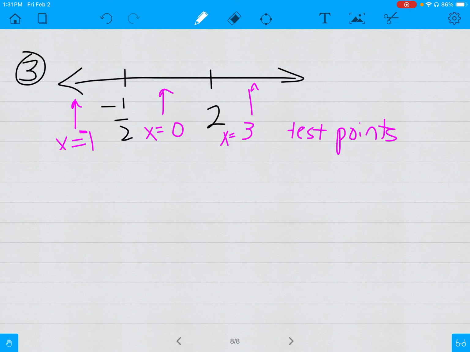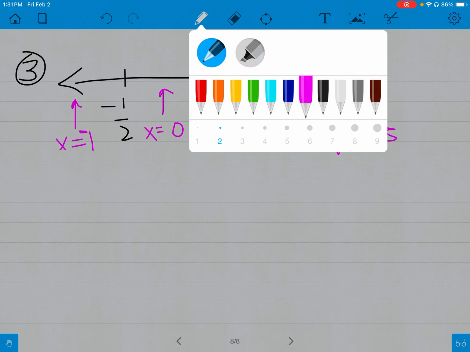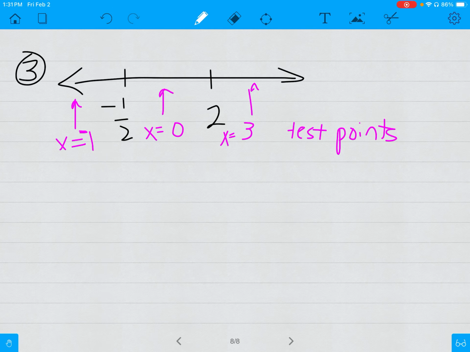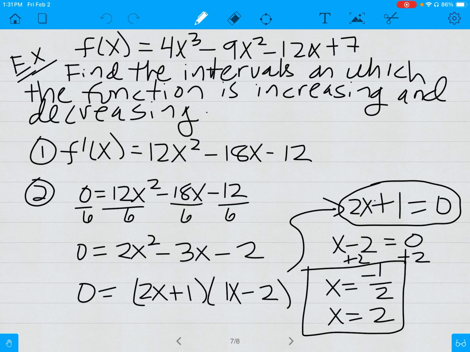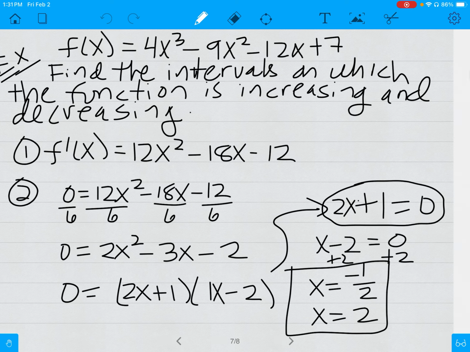What I'm going to do is plug each of those test points into my derivative, and all I care about is what the sign of the derivative is, right? The increasing and decreasing test just talks about the sign, doesn't talk about the value at all. So the numeric part, we don't care. We just want to know what's the sign. Okay. So going back here, our derivative was 12x squared minus 18x minus 12.